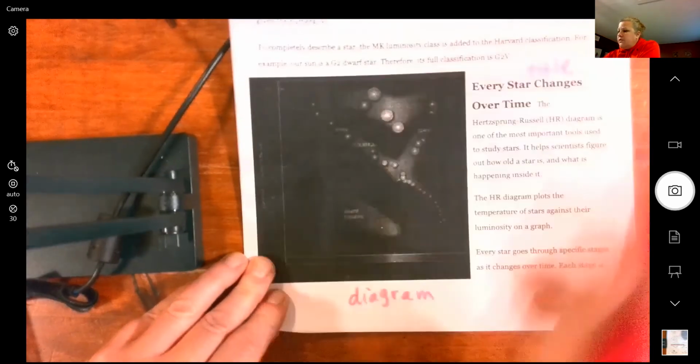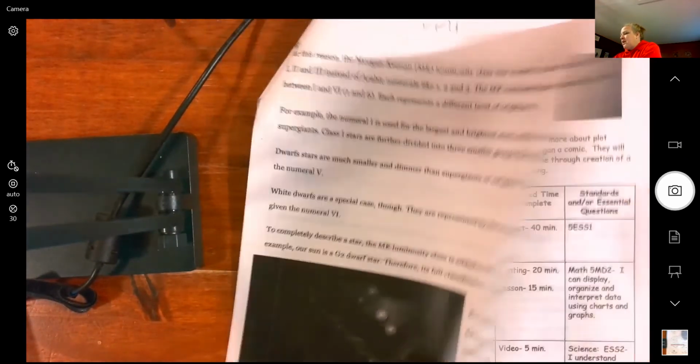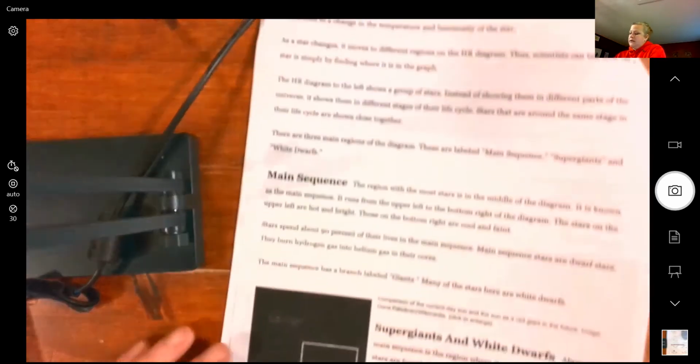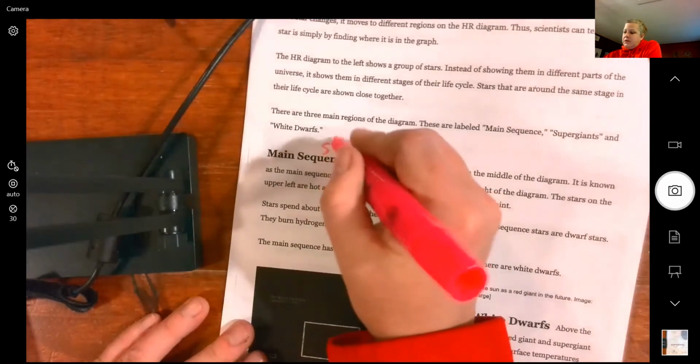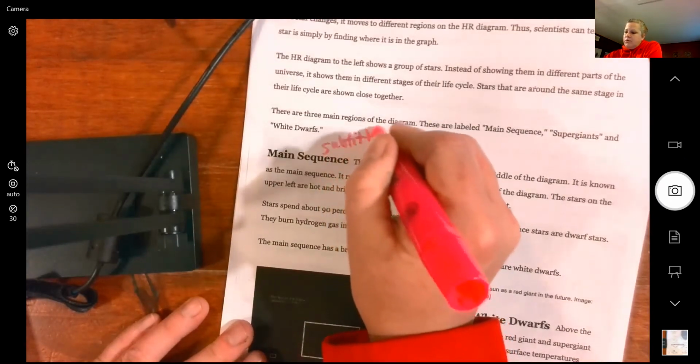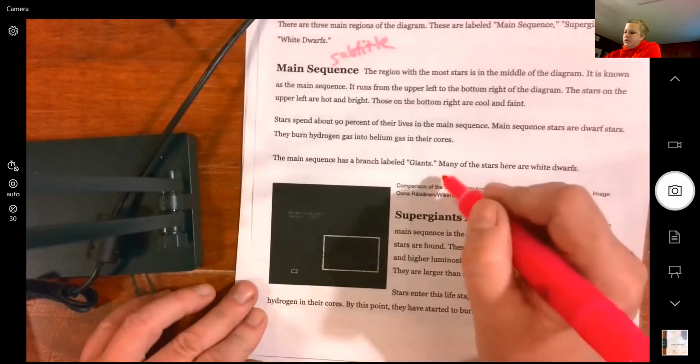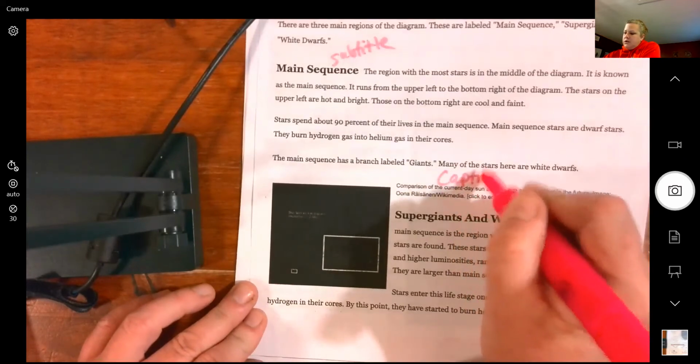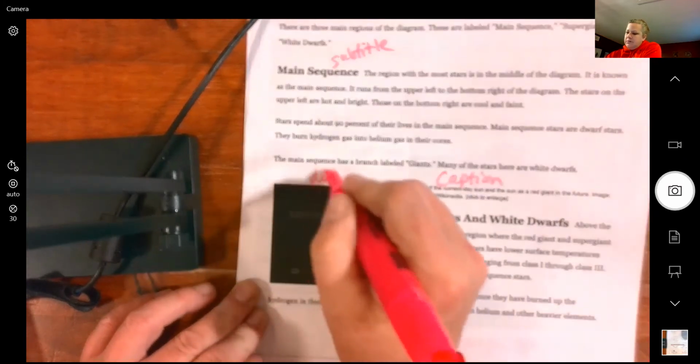Now, the information in this one is pretty complex, so I'm going to be helping you with your highlighting. The subtitle, I want to make sure we're really pulling out the key information. Caption and diagram.